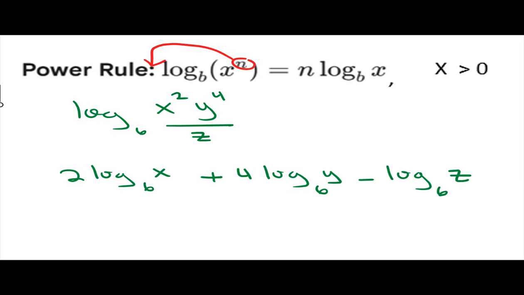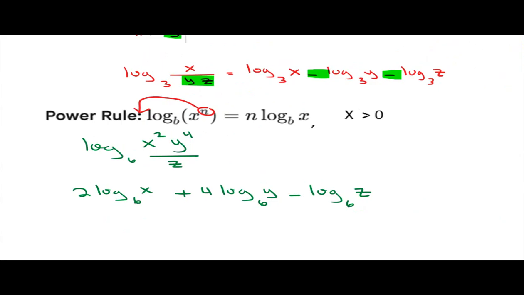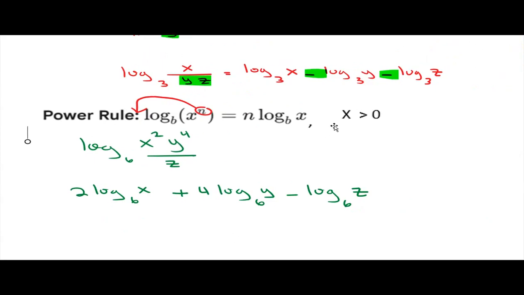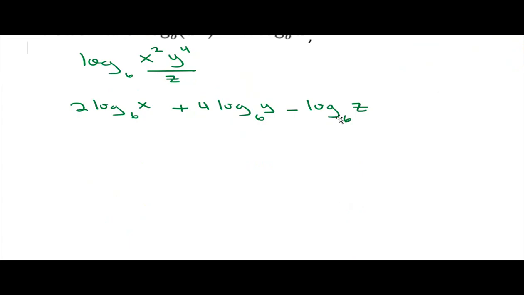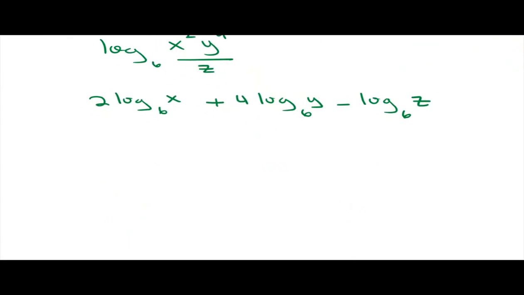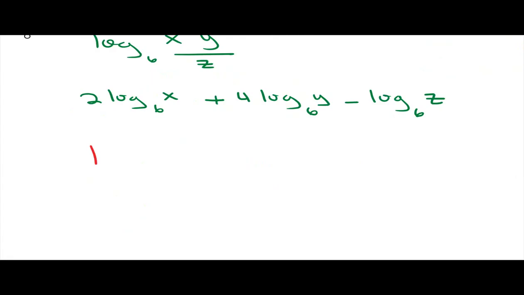Okay? So those are the three log rules that you want to apply when expanding and condensing logs. Let me give you another example right here with a natural log. So let's say we have a natural log 4 over x y to the 3rd.